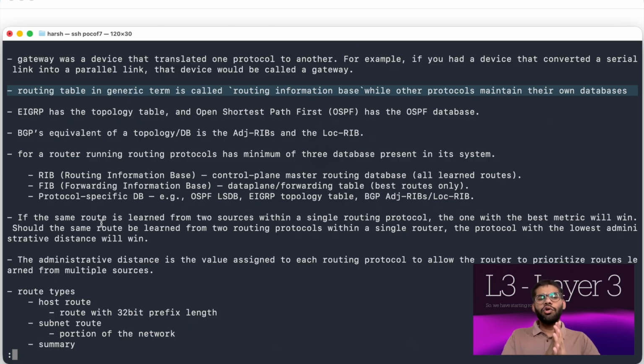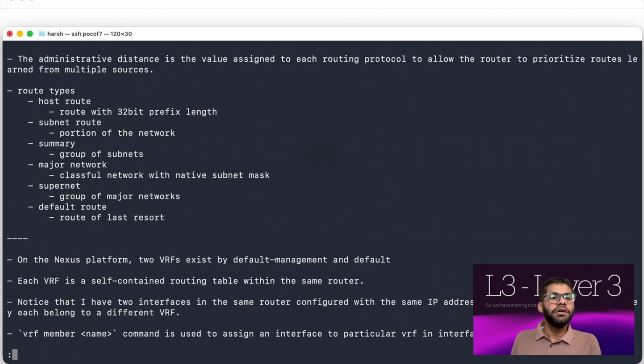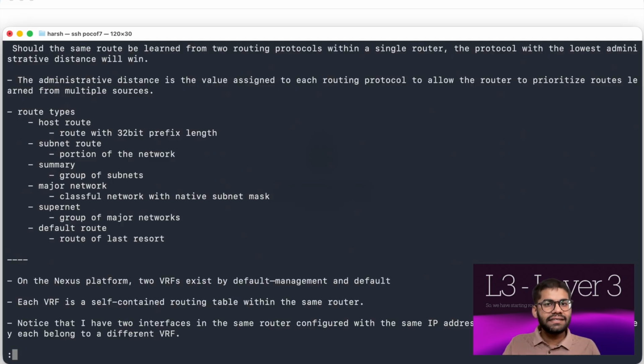What is it? Actually, we do have a range of IP addresses for a particular device or IoT device. So we categorize these IP addresses into route types. First is the host route. A host route is a 32-bit prefix length, which means a device is getting a single IP from a range of IPs.